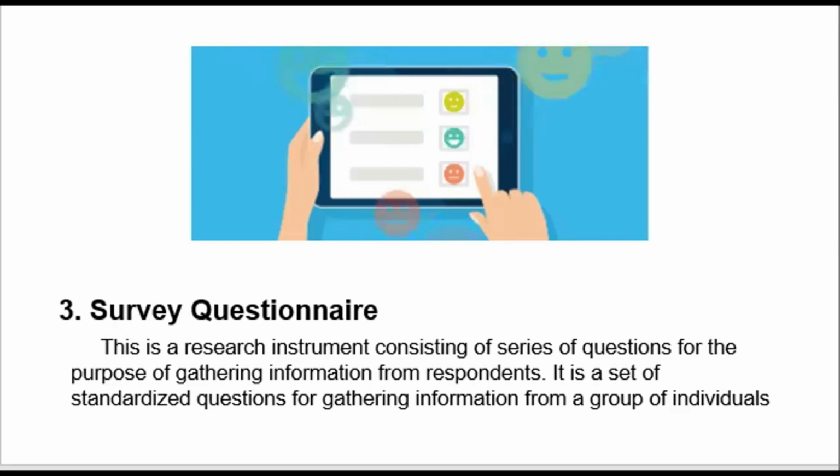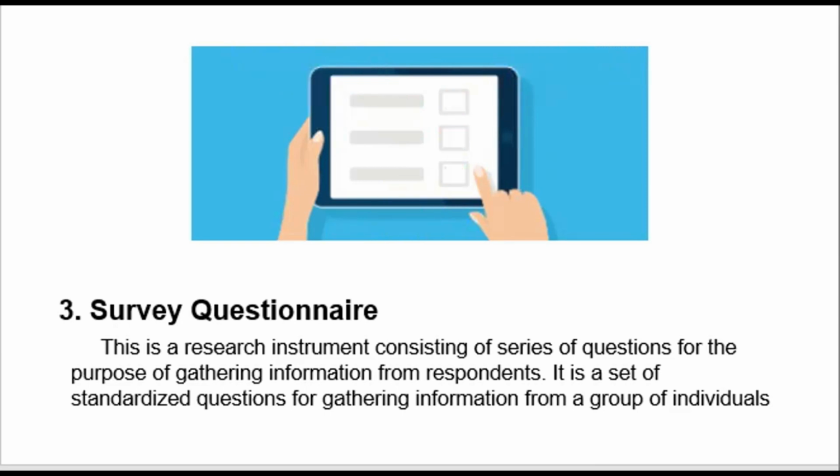It can be open-ended or close-ended questions. We can use both types of questions depending on what we are going to explore in quantitative research. For example, if we are looking for the demographics in terms of age, we can use multiple choice questions.